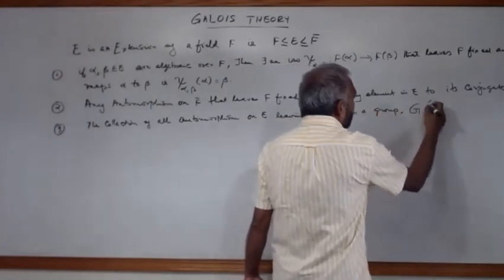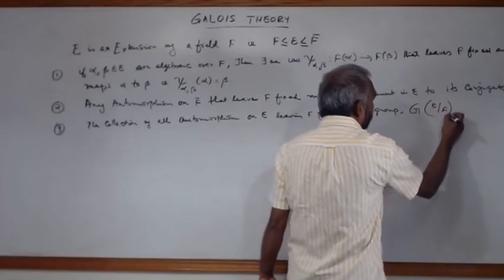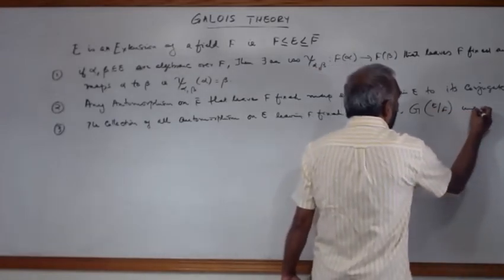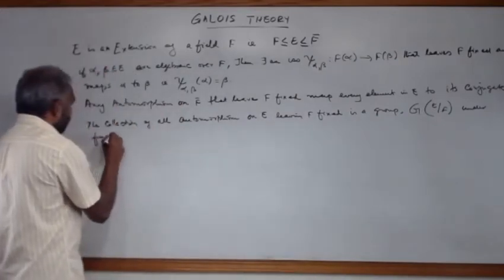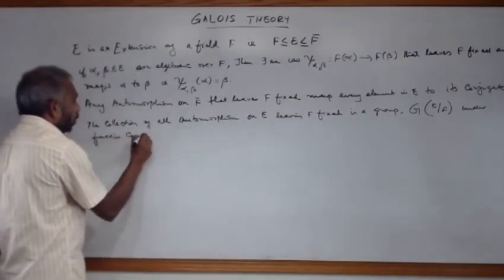Normally we'll write it as G(E over F), under function composition.